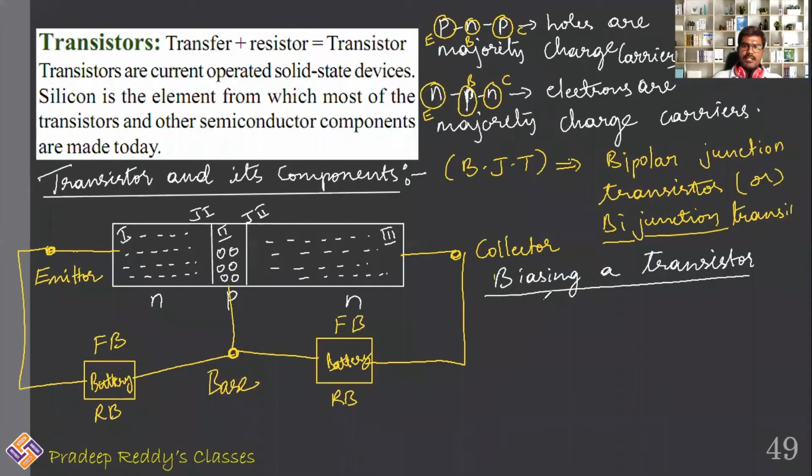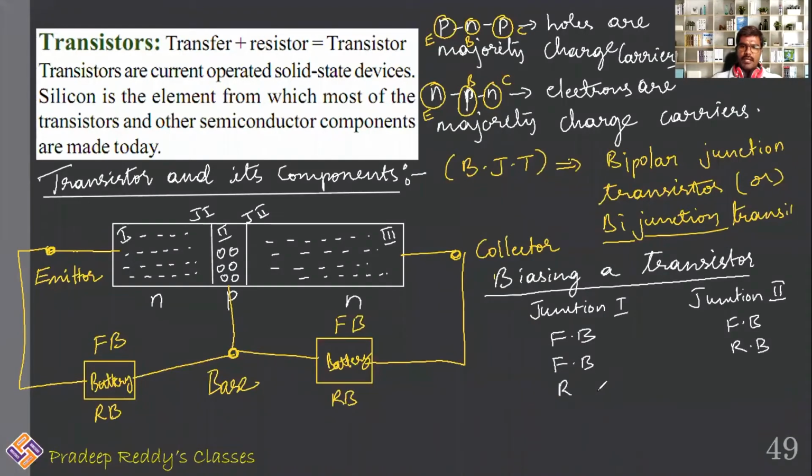This is junction 1 and junction 2. Junction 1 you can connect in forward bias, junction 2 in forward bias. Junction 1 in forward bias, junction 2 in reverse bias.